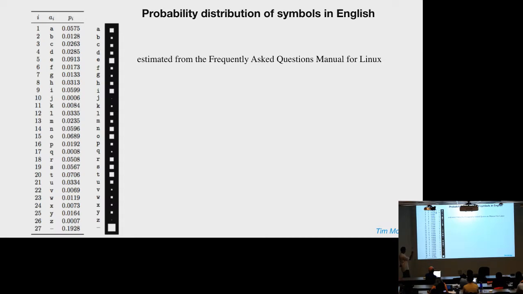What I have here are all the letters in the alphabet and the space. Using the Frequently Asked Questions manual for Linux, Tim McKay computed, measured, the probability for each symbol to appear. You can see those probabilities.